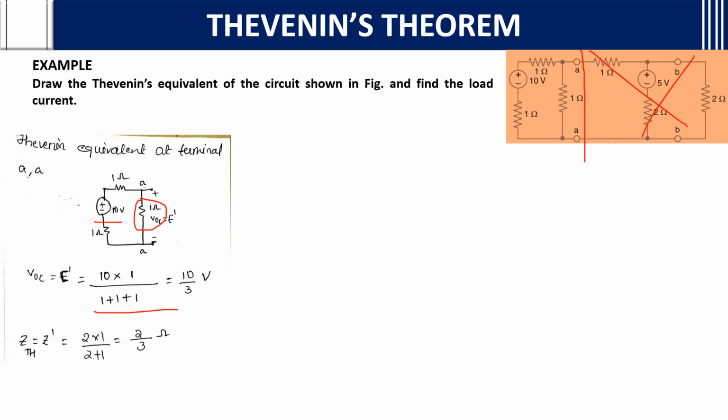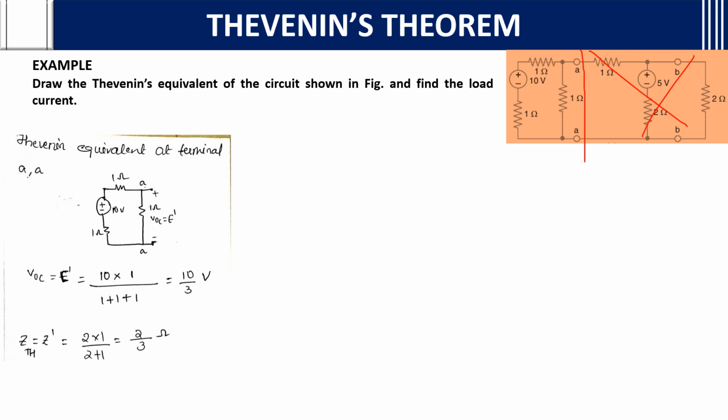The total voltage is 10, multiplied with the resistance where you want the voltage, into 1 by how many resistances are there? 3 resistances. Add them all and put it in the denominator. 1 plus 1 plus 1, you will get 10 by 3.